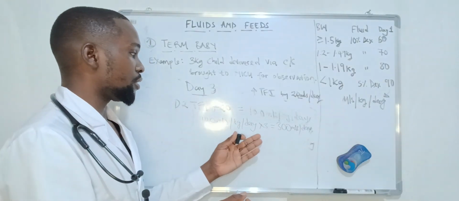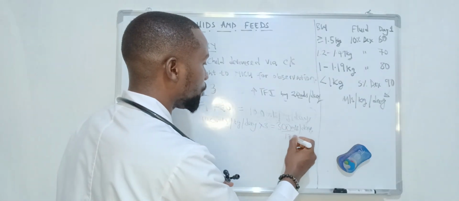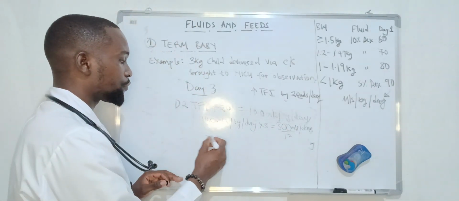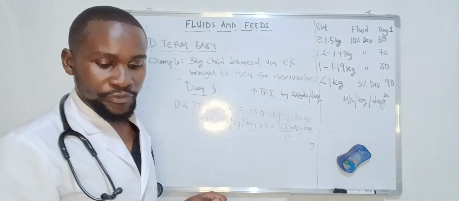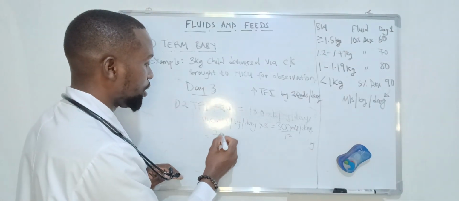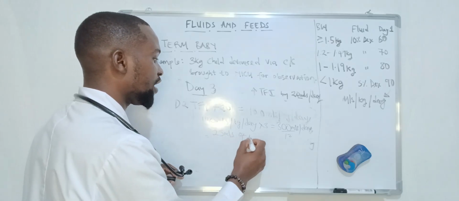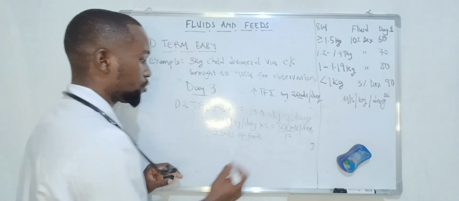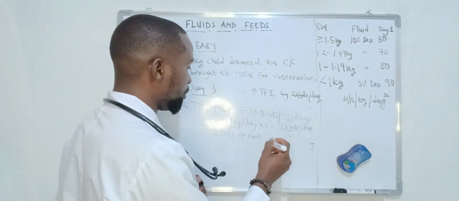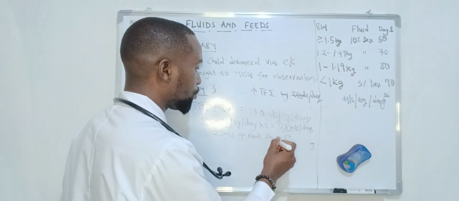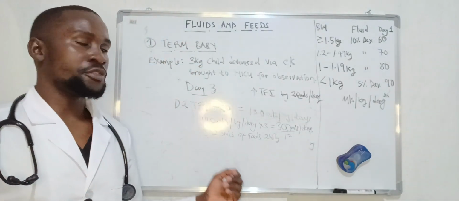Because we're supposed to give it 2 hourly, we divide this by 12. 300 divided by 12 is 25. Meaning this child is going to receive 25 mils of feeds, and they're going to receive it 2 hourly. So this is what the child will receive on day 3.